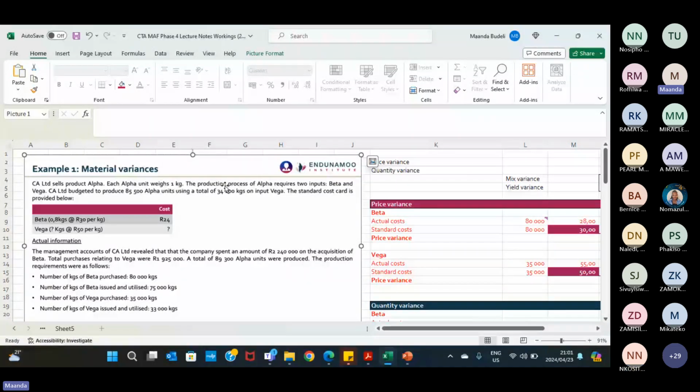Then let me determine the kg I need for 1 unit of alpha. Then it's 1.2, and then it's 0.4. 0.4 and 0.8 is 1.2. It's still 1 kg. So if this was not here, I would agree that you can just minus. But since this was here, you still need to make that test and get that amount. Okay.